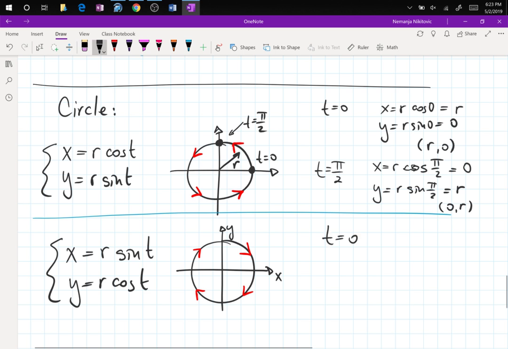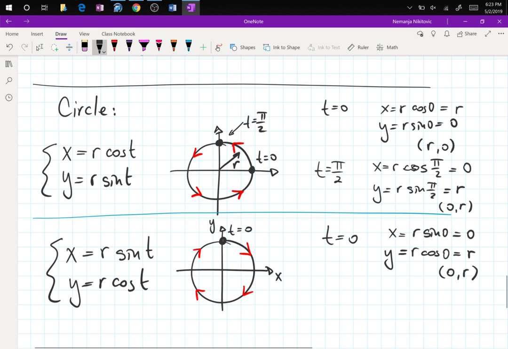Completely opposite story on the bottom. For t equals 0, starting point, you have your x equals r sine 0, which is 0. And y equals r cosine 0, which is r. Your first point is 0, r. You are starting over here on top as t equals 0.